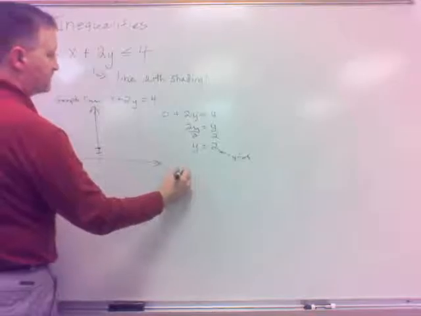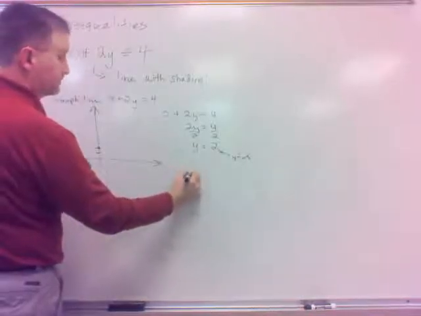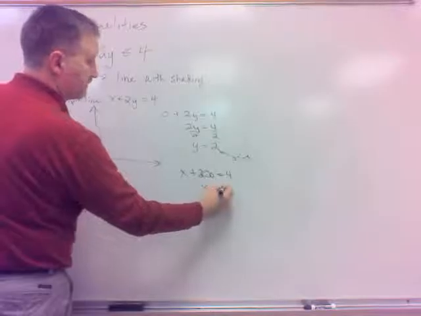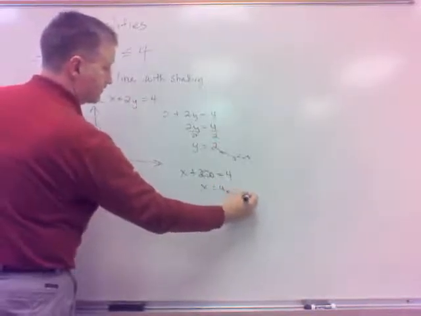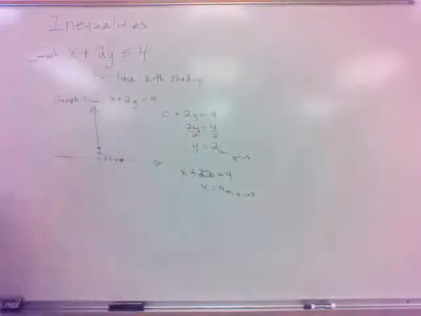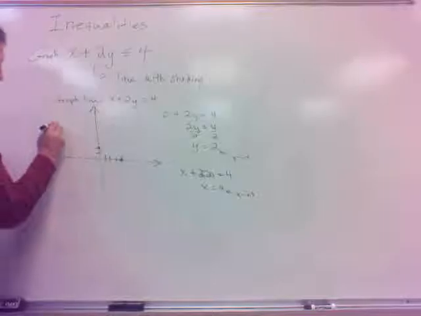And then my x-intercept would be set y to be 0. So that would be x equals 4. So that's my x-intercept. You can graph it however you want to. Put it in y equals mx plus b. We've done those quite a bit. But yeah, there's my line.